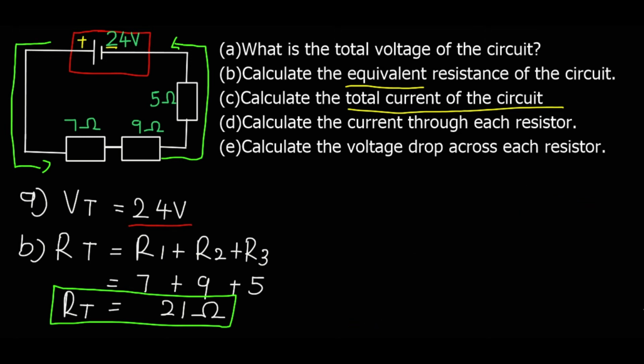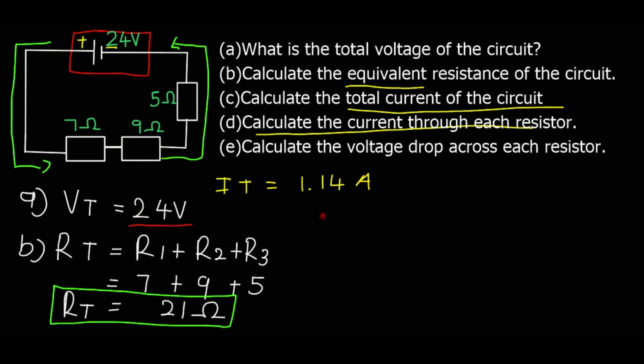Let's look at part D. Part D: calculate the current through each resistor. They want us to know what the current of this resistor is, of this resistor, and of this resistor. But remember, this is a series connection, and we know that for a series connection the current is the same everywhere, and our I total we found is 1.14 amperes.